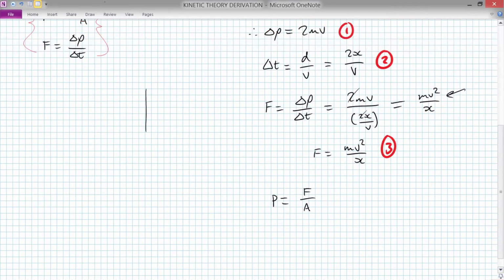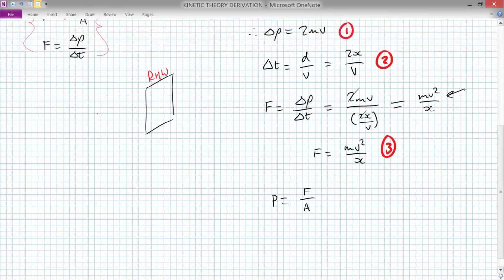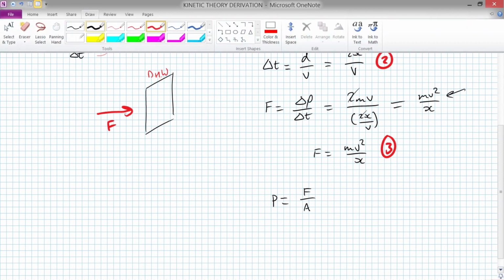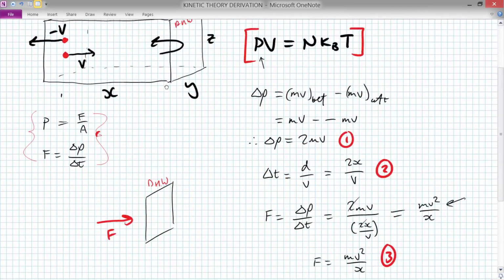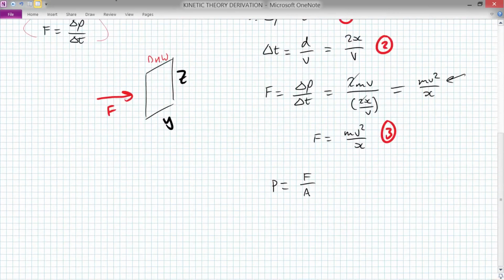So this is my right hand wall, RHW, and we know there's been some force applied from the collision of the particle, call that F, and hang on, we also know that this right hand wall has dimensions of not x, y, z, so we can say that this has area equal to yz.